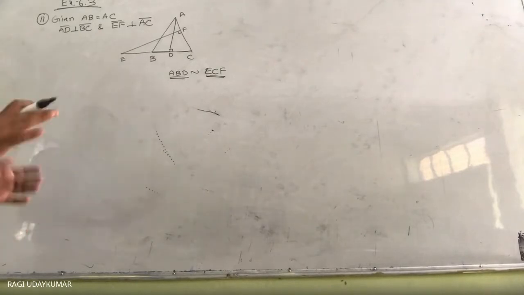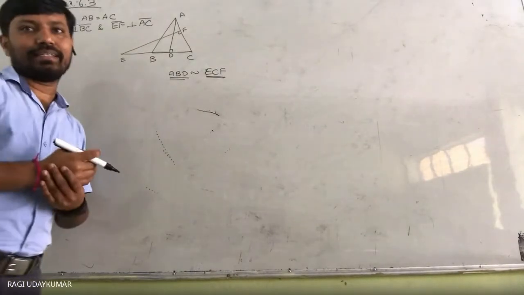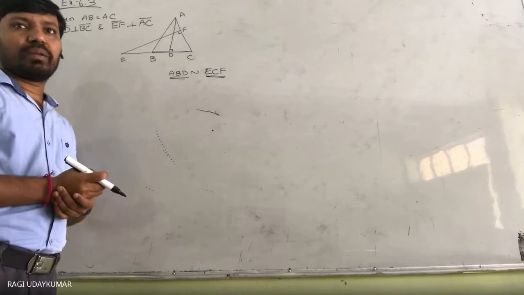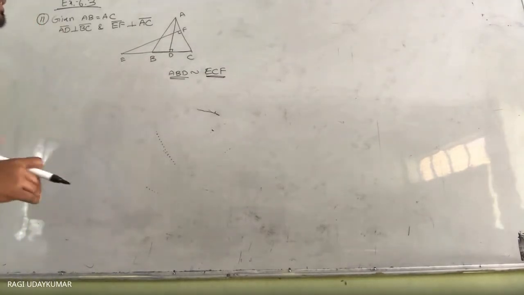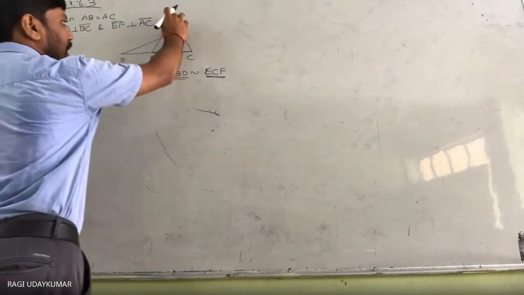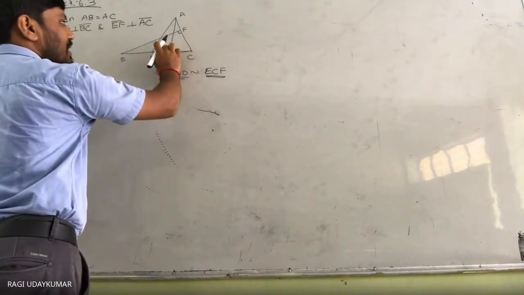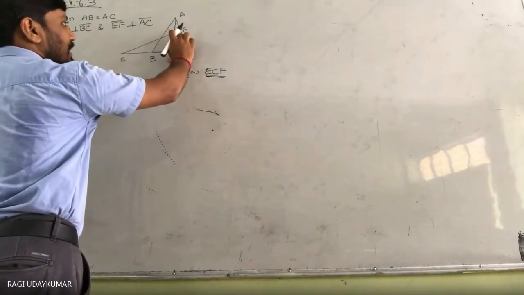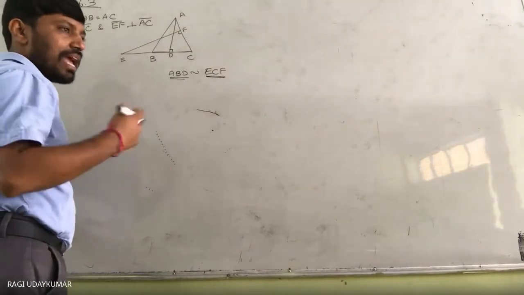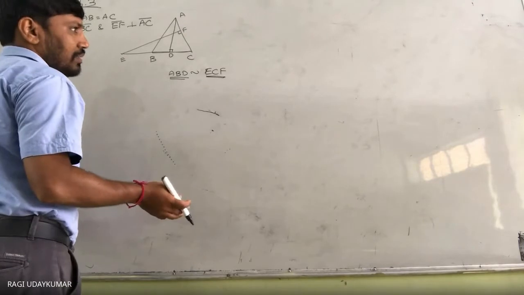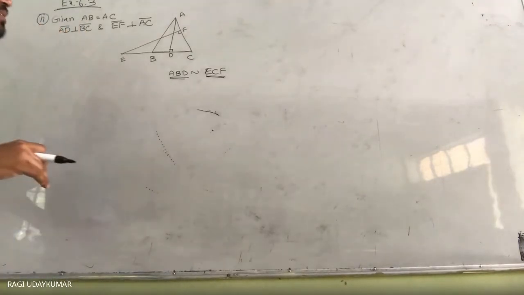In these two triangles, one angle is equal, that is 90 degrees, as it is given to you perpendicular. It is a simple task. So AD is perpendicular, so here it is 90 degrees, and here also it is 90 degrees. If we are able to prove that one more angle is equal, then you can say that these two triangles are similar.